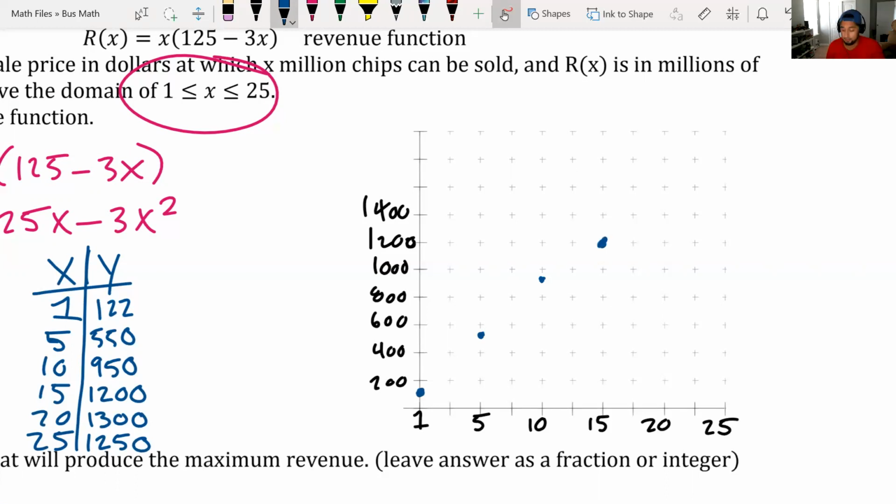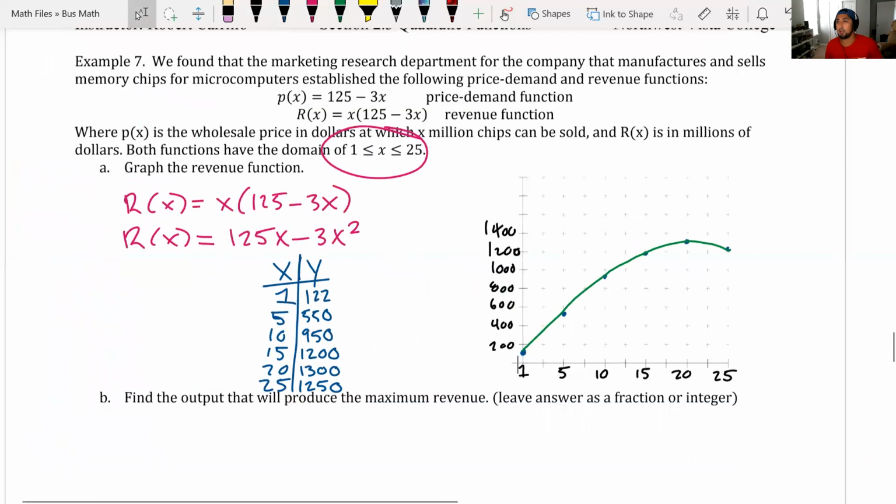Hey, right on the money. 20, 1,300, a little bit above the last one. Or would that be right in the middle? I think that'd be right in the middle, right? And then 25, 1,250, back down. Okay. And here's what our graph looks like. Okay, perfect. See, a little calculator work to help us out.